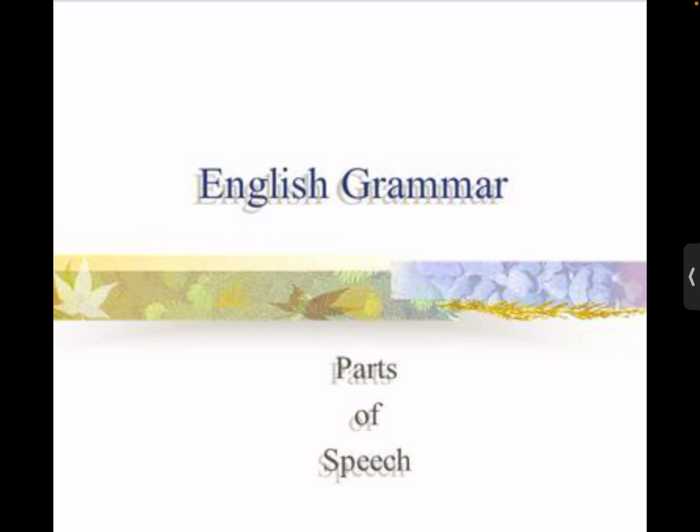So correct grammar won't just demonstrate your English skills, it will also show that you are diligent and have an eye for detail, that you are interested in English, that you have studied it well.